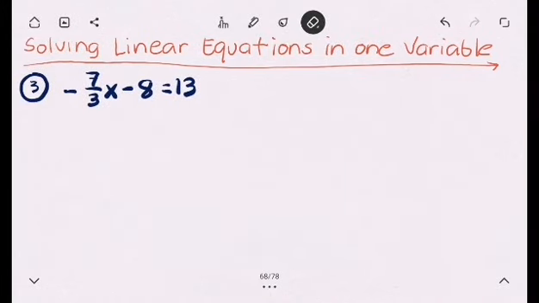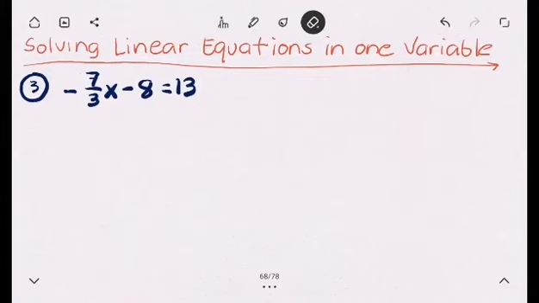For our third equation, we have negative 7/3 x minus 8 equals 13. So we'll skip the first step considering yung both expression natin is already written in simplified form. So ang susunod na step natin is to think of a way na ma-isolate natin o ma-move yung variable sa isang place.